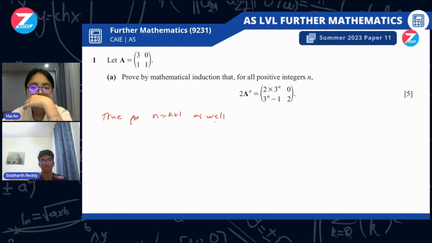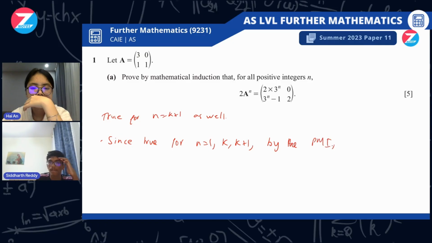So now I have to write a concluding statement. Since it is true for n equal to 1, k and k plus 1, by the principle of mathematical induction, it holds true for all positive integers n.